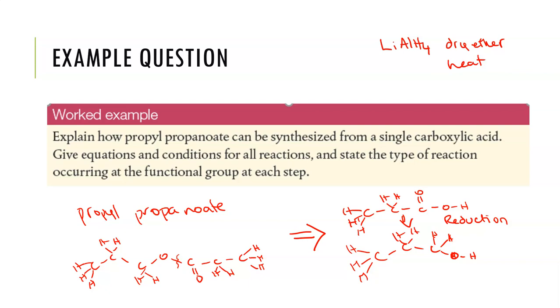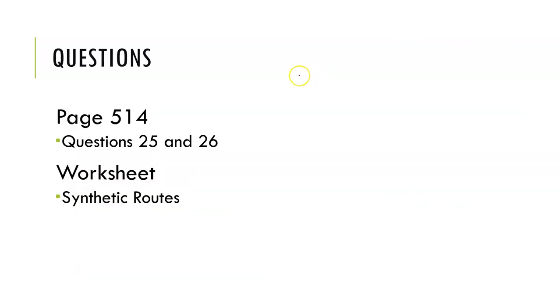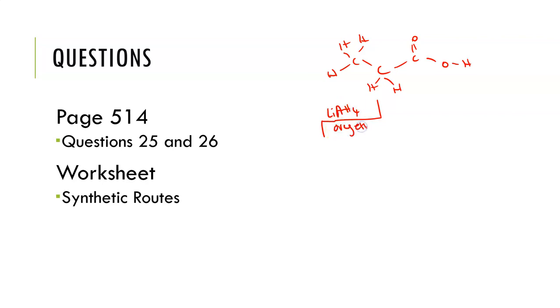So now we can do our pathway. We're going to start with our propanoic acid. We're going to reduce part of that using lithium aluminium hydride and dry ether and heat to produce propanol.